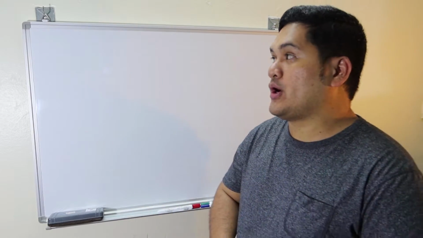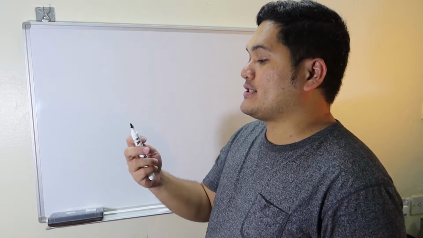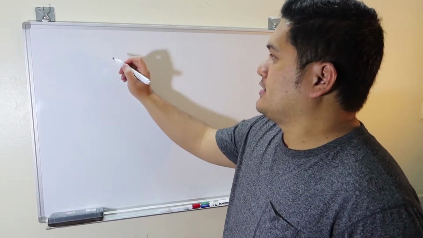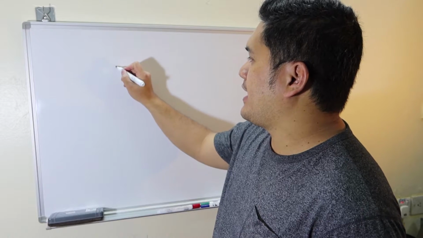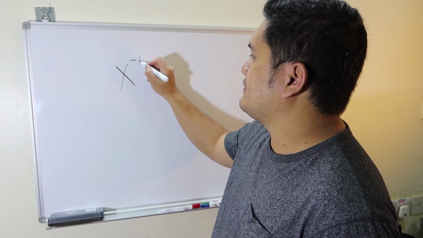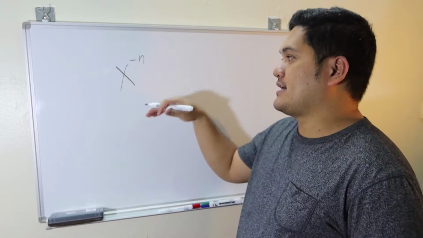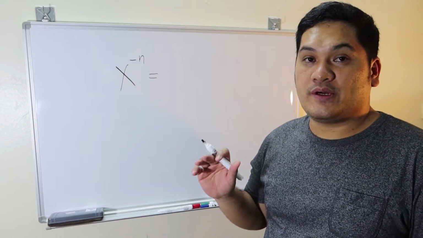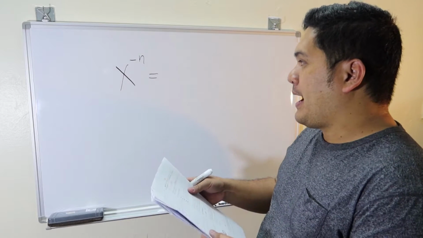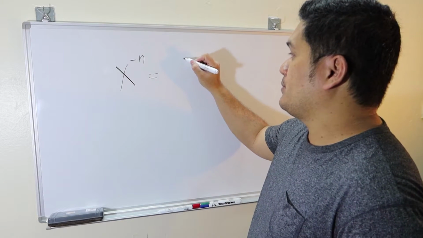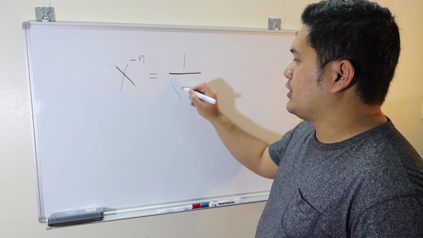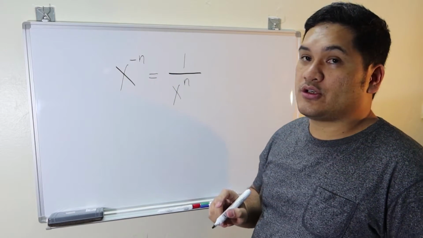So what we're going to have is, say for example, kung meron daw tayong negative power, say you will have your x raised to negative n. X is your base and your power is negative n. Ang gagawin nyo lang po daw is i-change into positive. But 1 is your numerator and this will be your denominator.